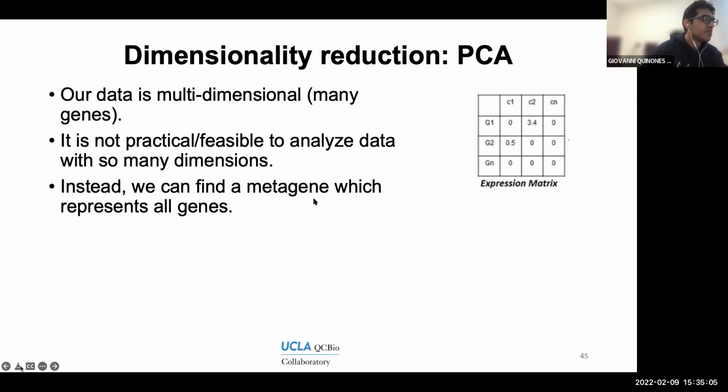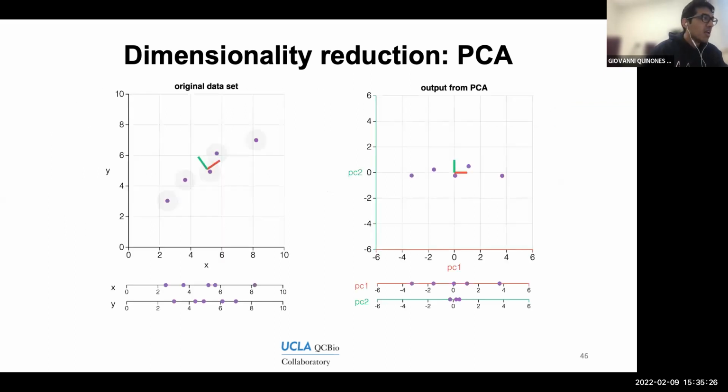This metagene will be a new feature whose value will represent as many of these genes as possible. Right now it sounds a little abstract, so I'll go into a little bit of the details of how PCA achieves this.